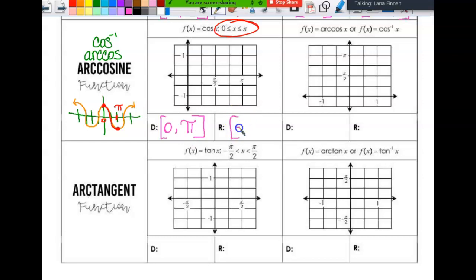My range is still -1 to 1, just like it was for sine. So when the angle is 0, cosine is 1. When the angle is pi halves, cosine is 0. And when the angle is pi, cosine is -1. So it's just this part of the graph, just like it was right here.